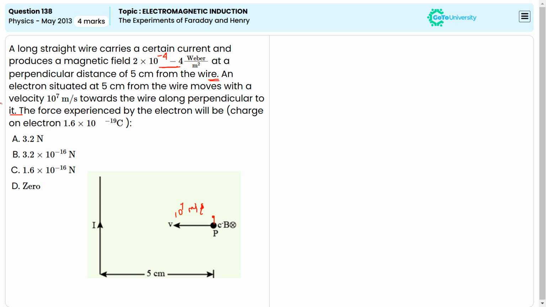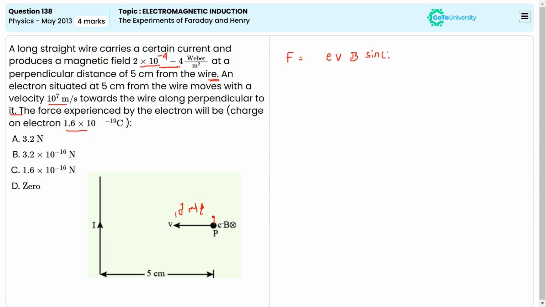Here the data given are the magnetic field B value 2 × 10^-4, the velocity, and the charge value. With these values, we know that the magnitude of the force experienced by the electron is F equals e V B sine theta.